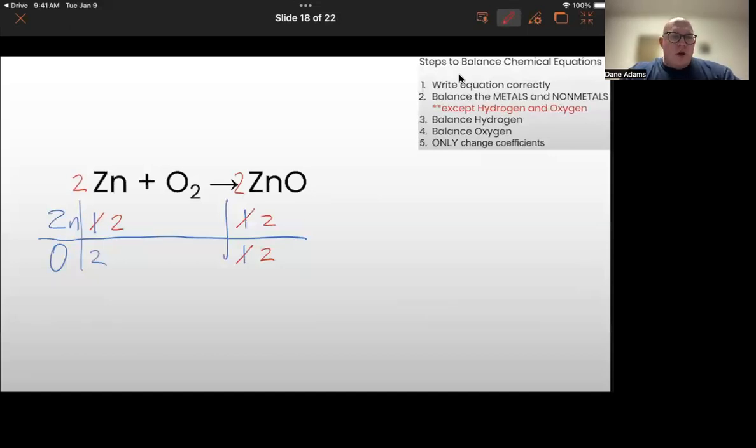Well, go ahead and check if you haven't yet. This is what I've got. 2 zinc atoms plus an oxygen molecule makes 2 zinc oxide molecules.